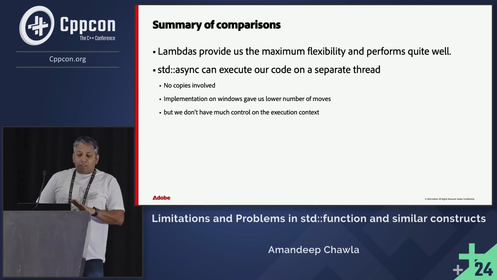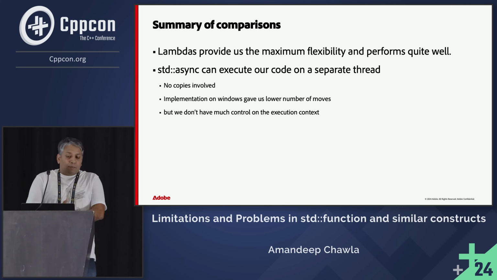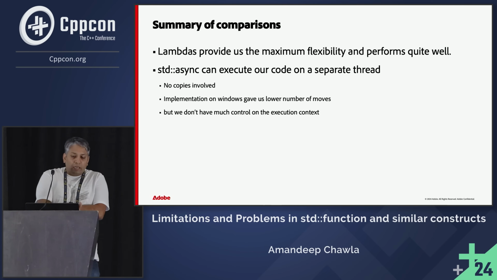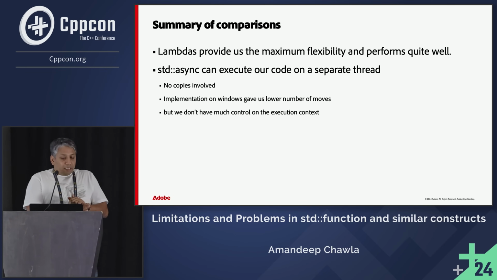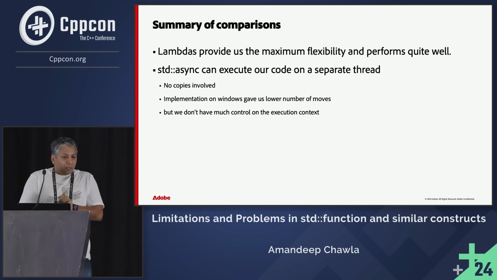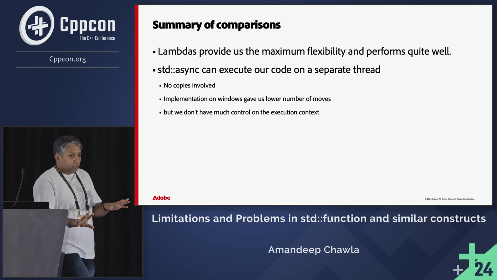So the summary of comparisons till now. Lambda provides us the maximum flexibility and performs quite well. There are no surprises with Lambda, and it is able to do the things which I want Lambda to do. Standard async can execute our code on a separate thread, and no copies are involved.